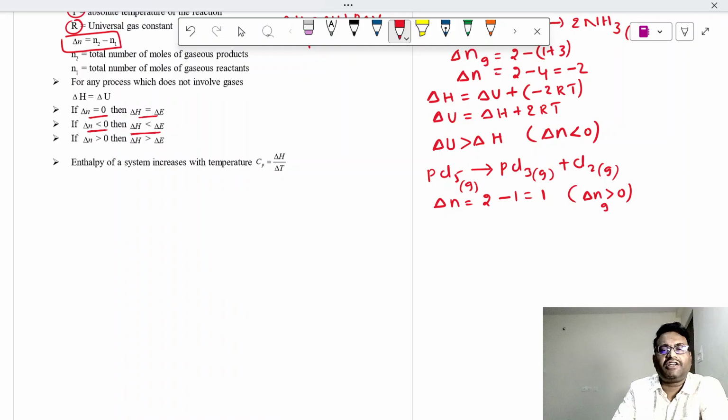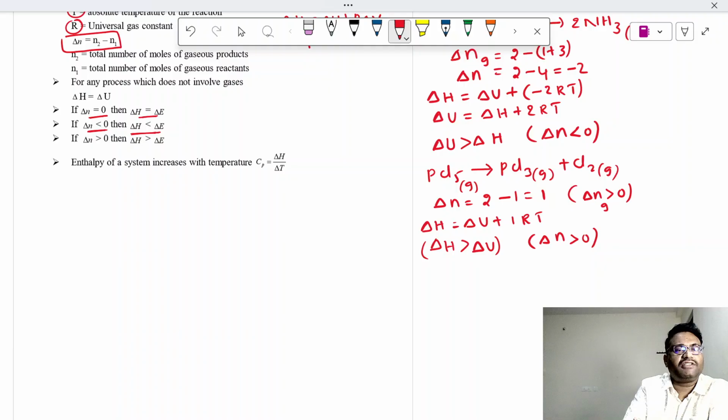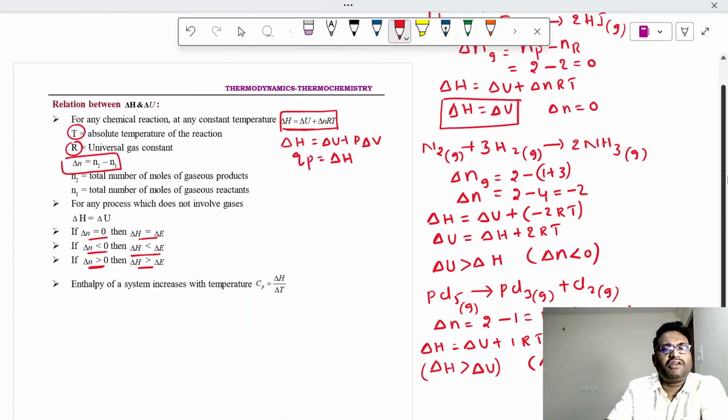When delta n is greater than 0, delta H is equal to delta U plus 1 RT. So delta H is equal to delta U plus something. That means delta H is greater than delta U. Okay. So when is this condition? When delta n is greater than 0. Right? So that is the relation between delta H and delta U.